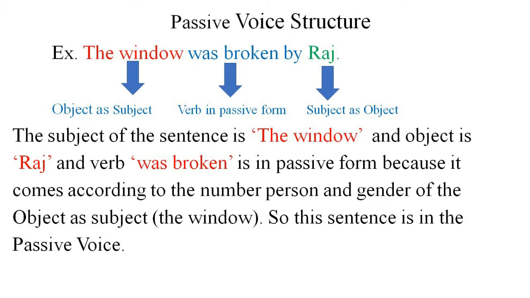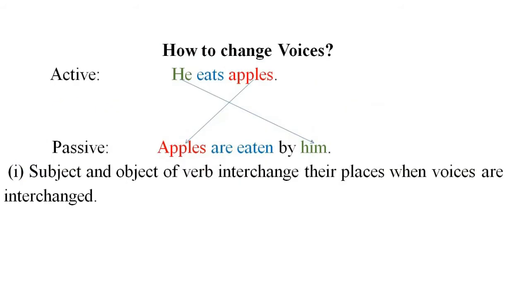Let's see next. So dear student, as you have seen here two voices, so now we will know how to change one voice into another form. Observe these examples carefully. Here in active voice, he eats apples. In the sentence, he is subject, eats is verb, and apples are object. In passive voice sentence, apples are eaten by him.